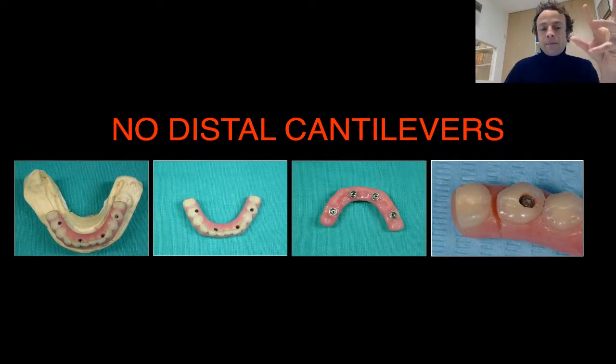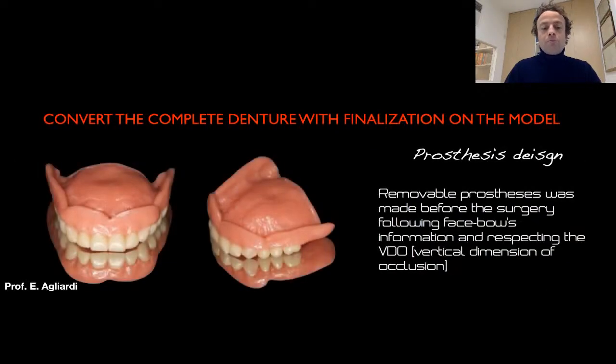Please, with this approach, no distal cantilevers. And I tell you this message really strongly because in the past I have tried to keep the distal cantilever just for aesthetic reasons, sometimes in the upper, and I have tried to create some kind of reinforcements with fibers, but I always observed complications. So we have to prepare the patient: no distal cantilever in this phase.